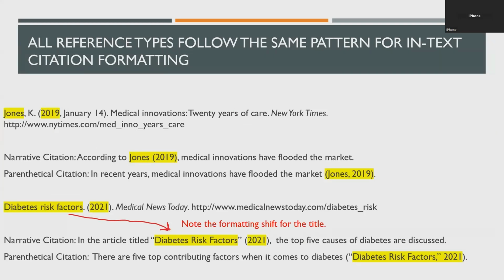All reference types follow the same pattern for in-text citations. This isn't really new information, so I will just use this as, Rita, I think this might answer your question. This is a good reminder for me, I'm still going to pull up this information, but this right here, notice that they did provide the month and the date.